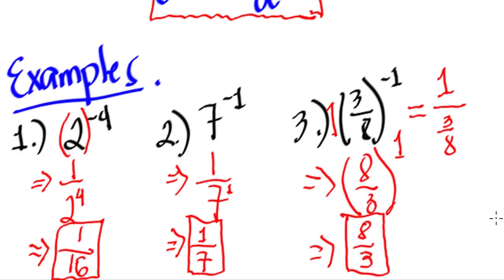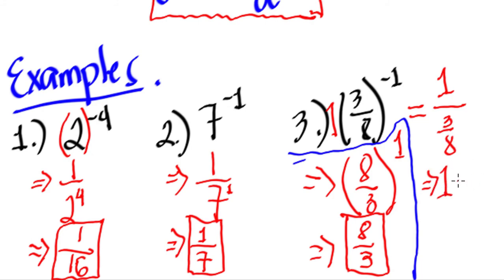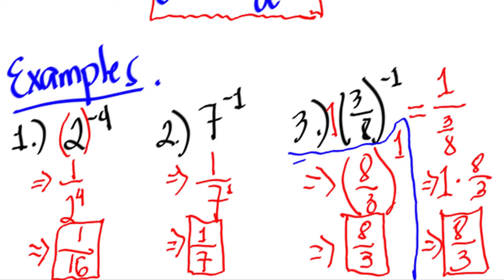Then we apply the division of fractions. This is equal to 1 times the reciprocal of this, which is 8 over 3. So 1 times 8 over 3 is just 8 over 3, right? So this is our answer for number 3.